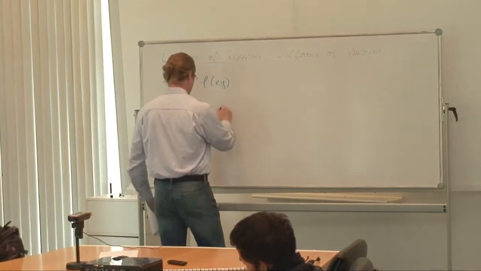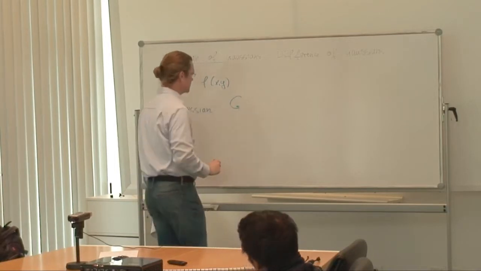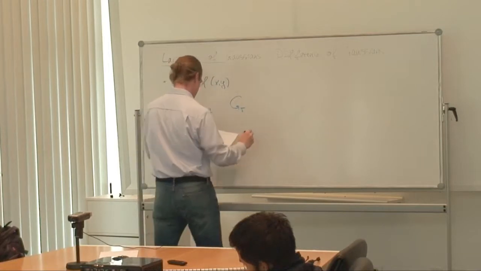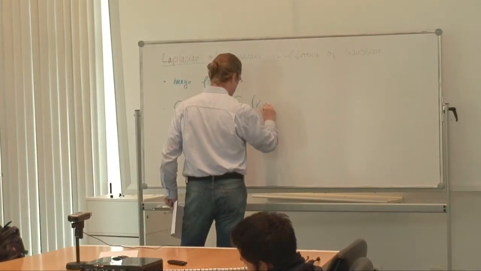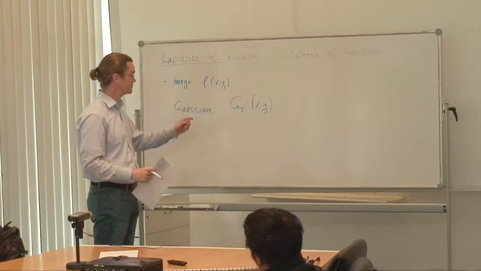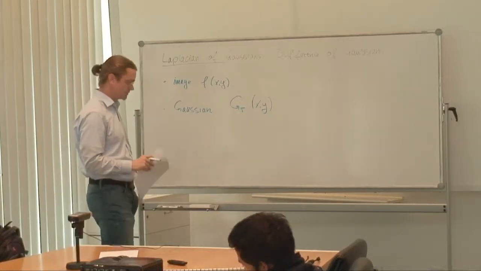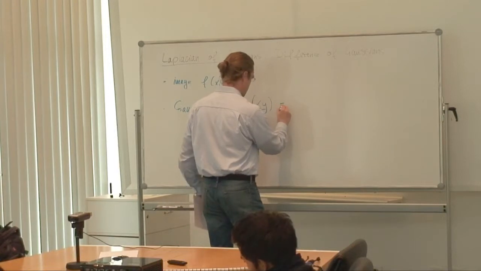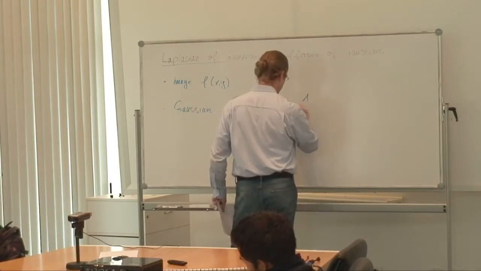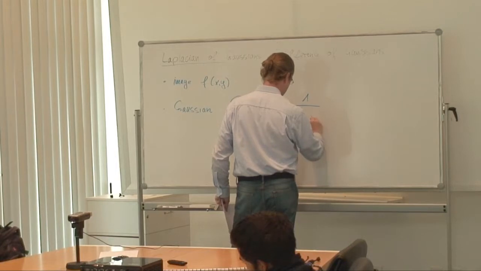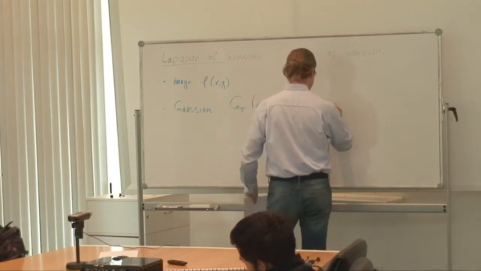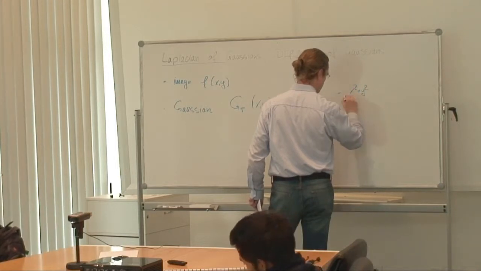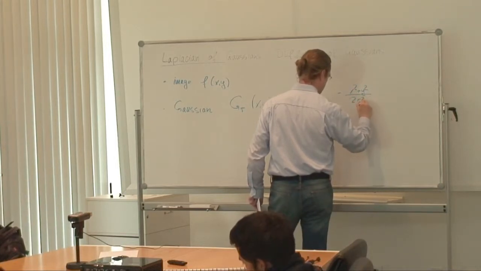The bivariate Gaussian, I shall denote using a capital G with a subscript sigma. This is also a function, defined over two variables, x and y, and it is given by 1 over 2 pi sigma squared times e to the minus x squared plus y squared over 2 sigma squared.